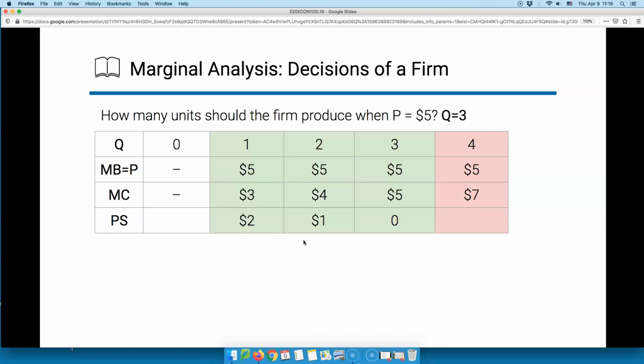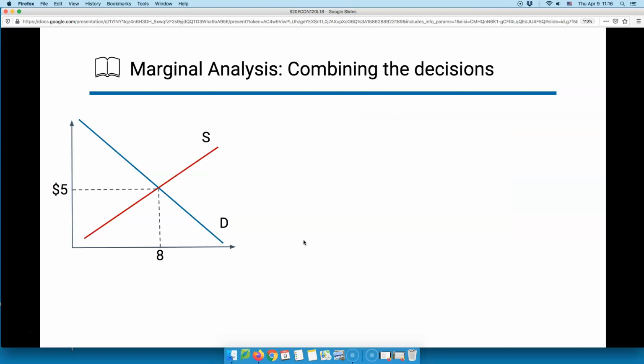Next thing that I'd like to do is I would like to go on and combine these kind of decisions when we're looking at a market as a whole. And so I'm going to alter the example slightly, but I'm going to stick to the price of $5, the price that we looked at when figuring out how much a consumer should buy and how much a firm should produce.